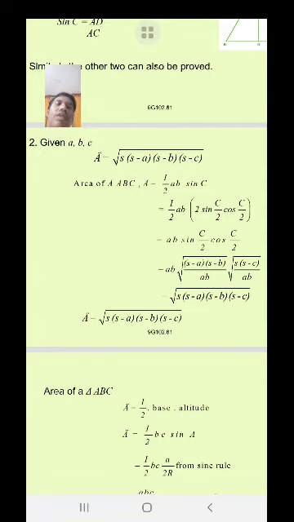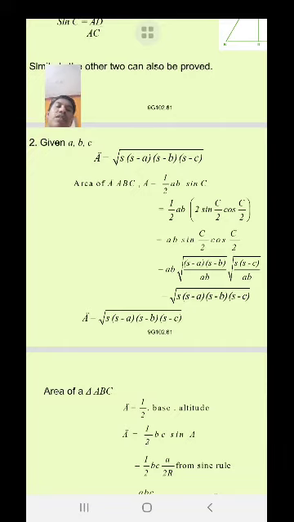We already know sine C by 2 can be expressed as under root of s minus a into s minus b by ab, and cos C by 2 can be written as under root of s into s minus c by ab. In the denominator, under root of ab into ab becomes ab. So ab gets cancelled.